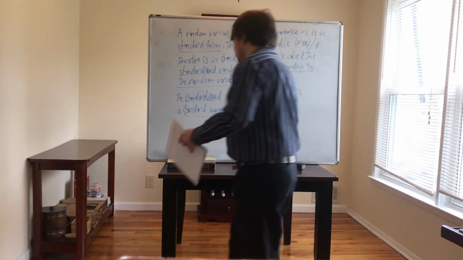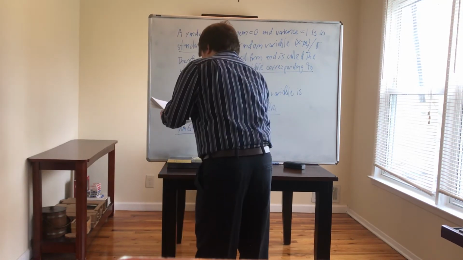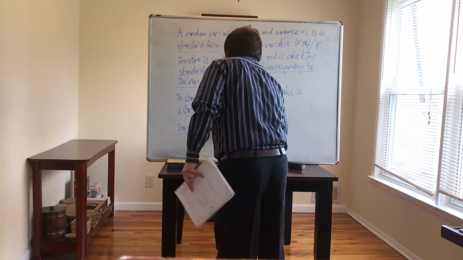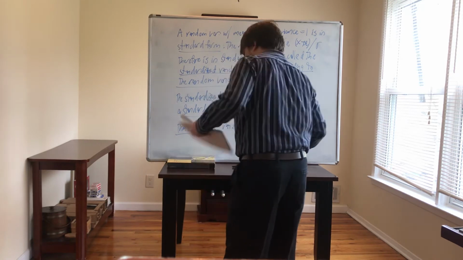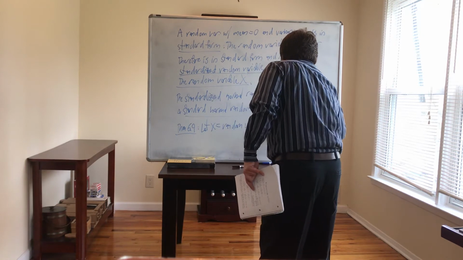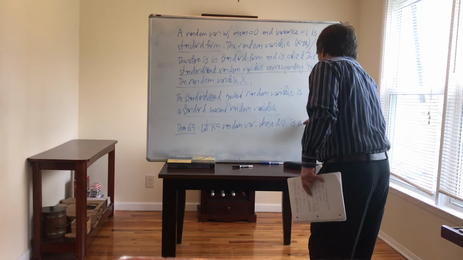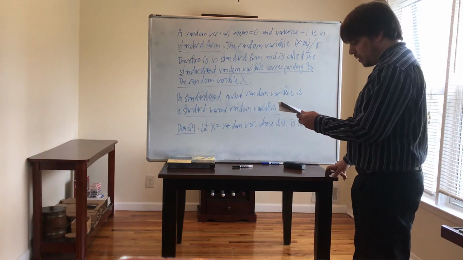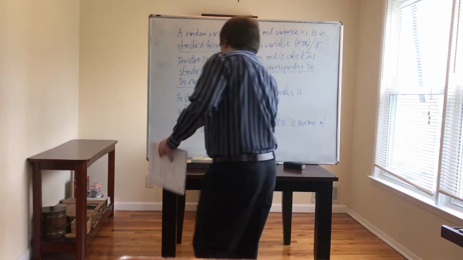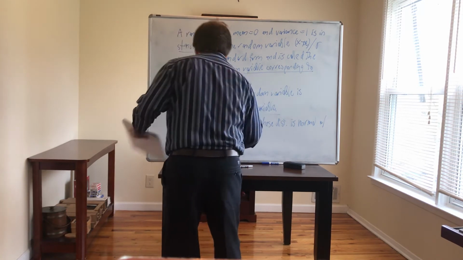Okay. Theorem 6.9. That theorem says let x be a random variable whose distribution is normal, with mean mu and variance sigma squared.